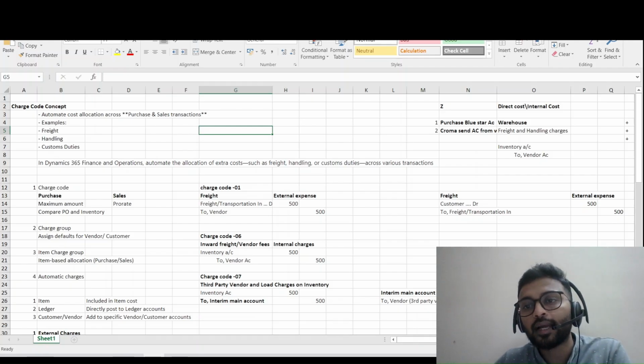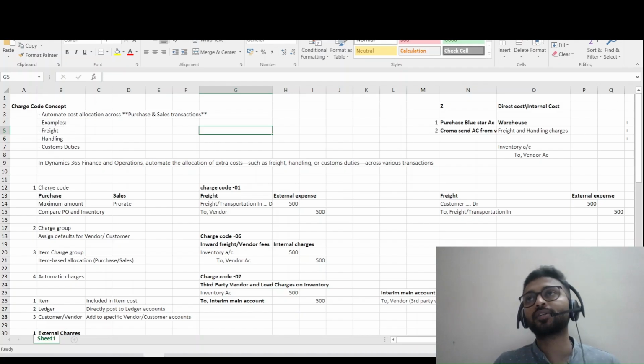Manual charges are basically applied on two types of transactions. One is purchase and one is sales. But when I talk about the charges, there are basically three types. First is internal charges.